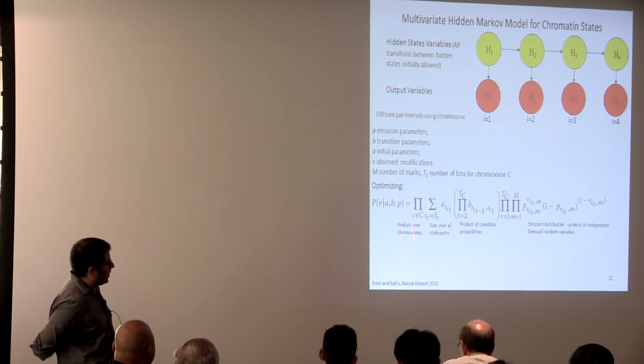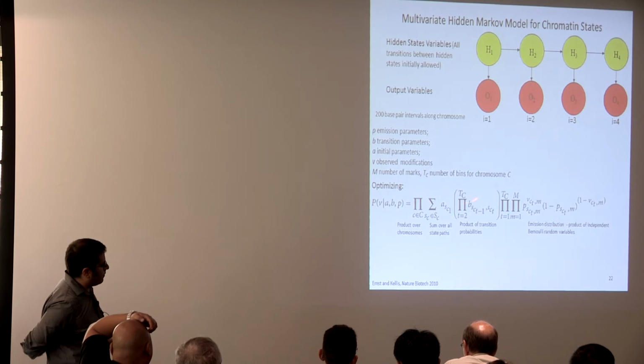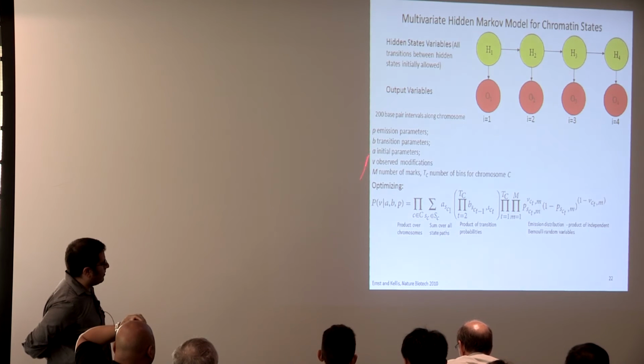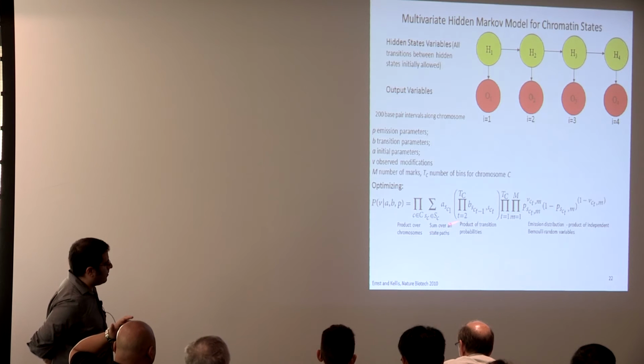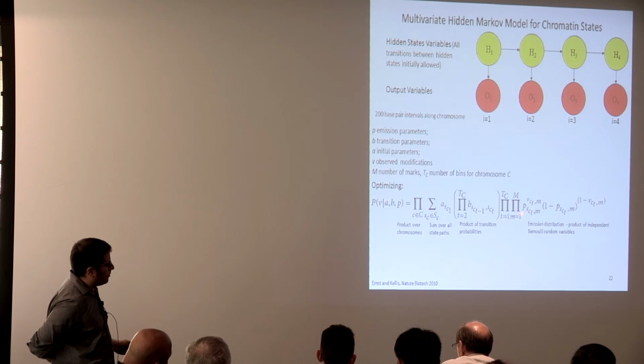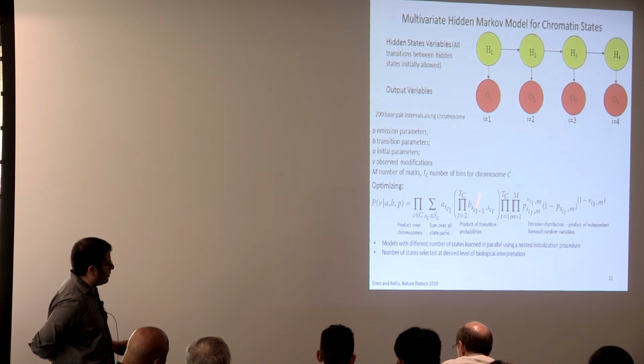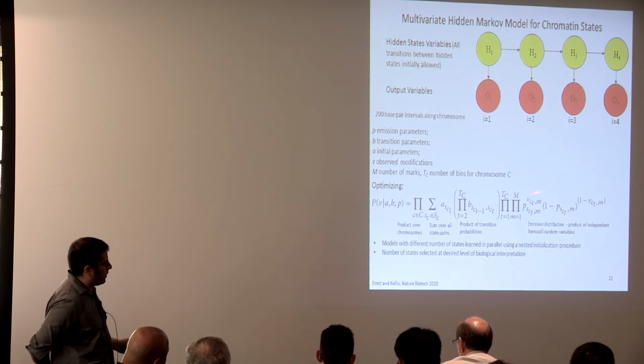Mathematically, we can express the likelihood of the observations given the model parameters. We're multiplying over all chromosomes, summing over all possible hidden state paths through the model, and multiplying all the transition probabilities and then all the emission probabilities depending on the observations, which are binary presence or absence. And then we can attempt to maximize these probabilities.